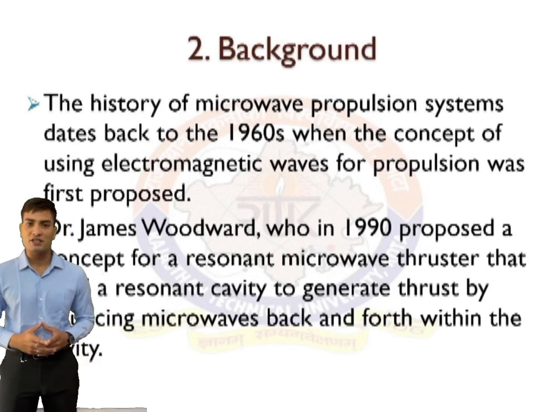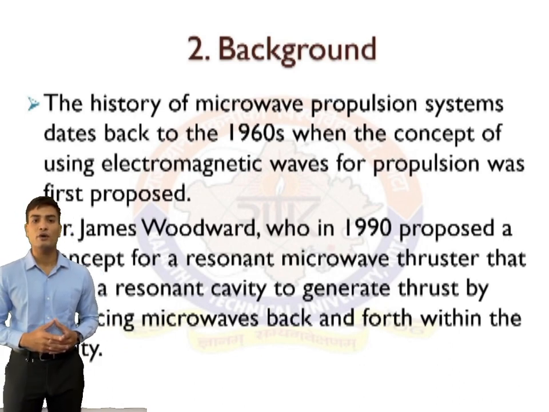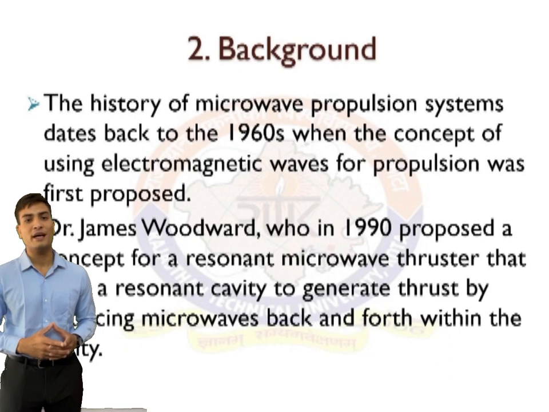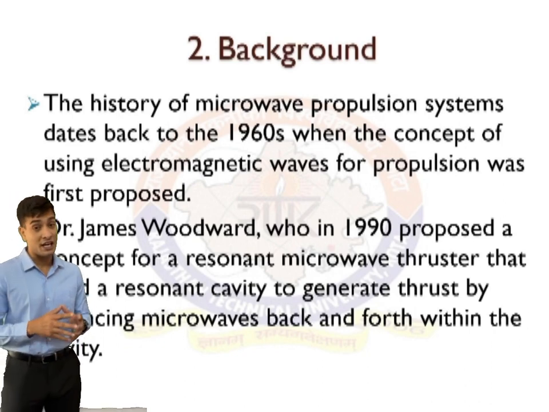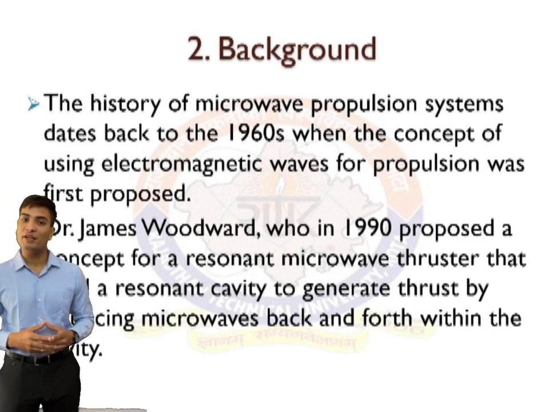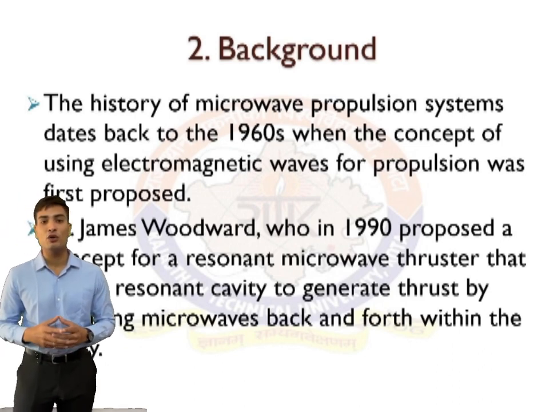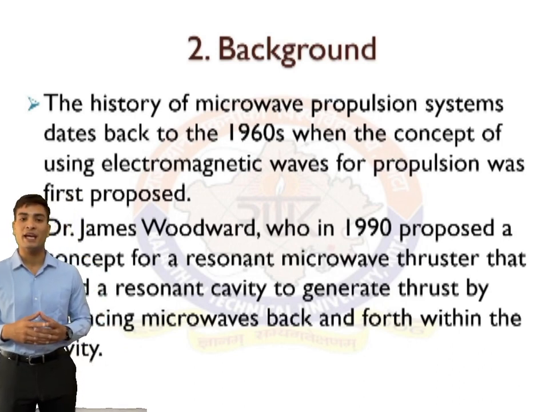In the following years, the researchers continued to investigate various forms of microwave propulsion. In 2001, NASA began funding research into microwave thrusters called the cannon drive, which used a different approach to generating the thrust by using the dielectric material to convert the microwave energy into the mechanical force.